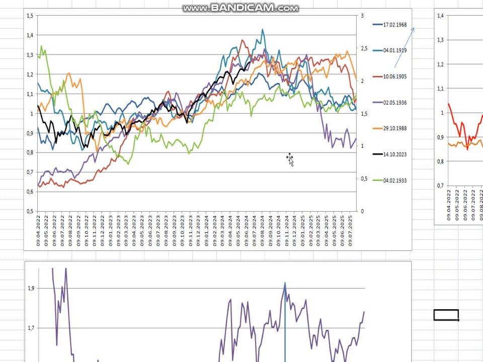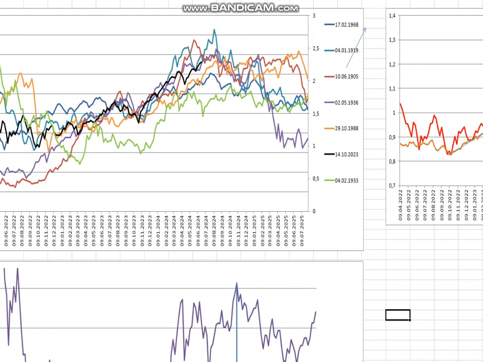And actually, well, here I have them. And as you see, most of them are topping here in this period. Well, this red one early, here we have a top, here we have a top, and here, and there's a top. This one is more of a double top.